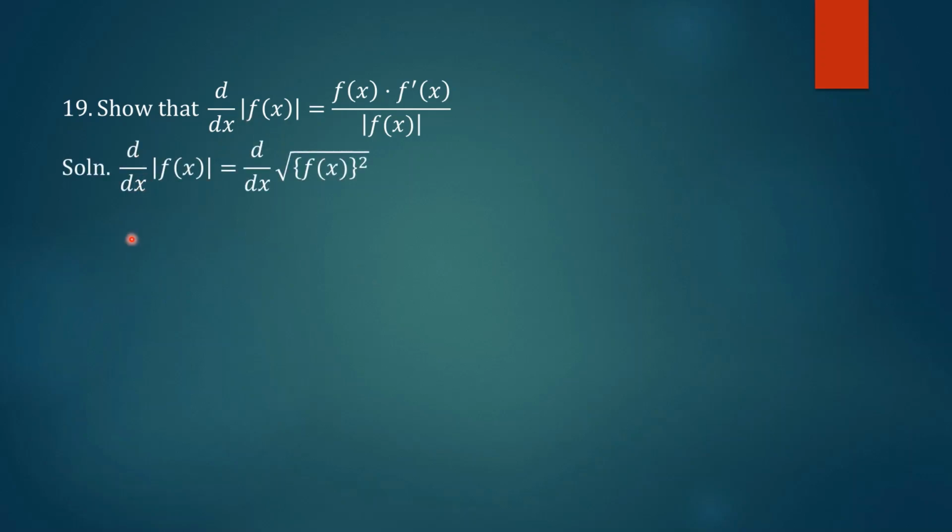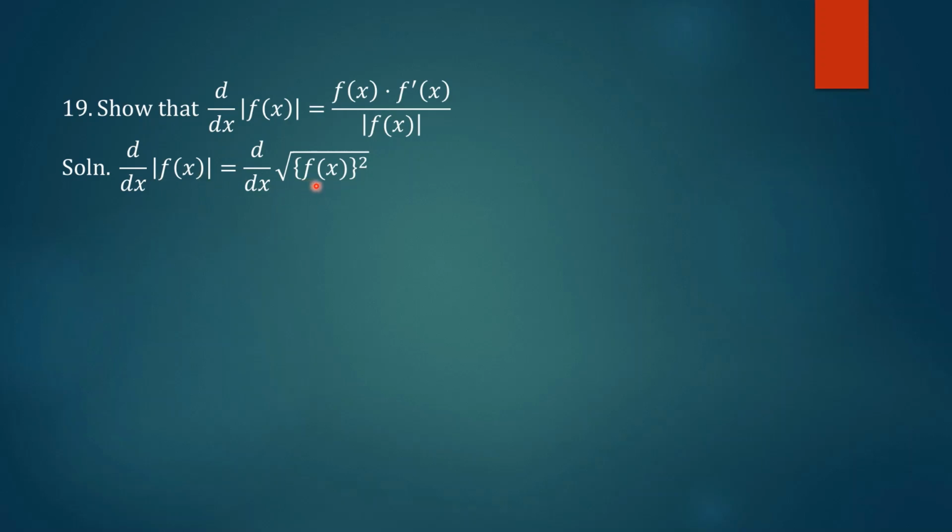You take the function d/dx of modulus f(x). Modulus f(x) means actually making the function positive. That means no part of the graph of f(x) will come below the x-axis. Okay, so positive term can be replaced like this. It is a positive square root of whole square.